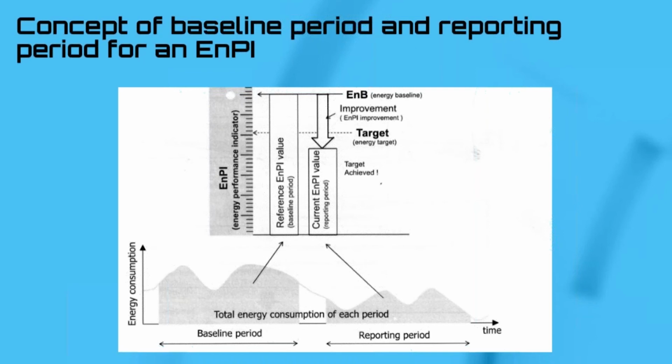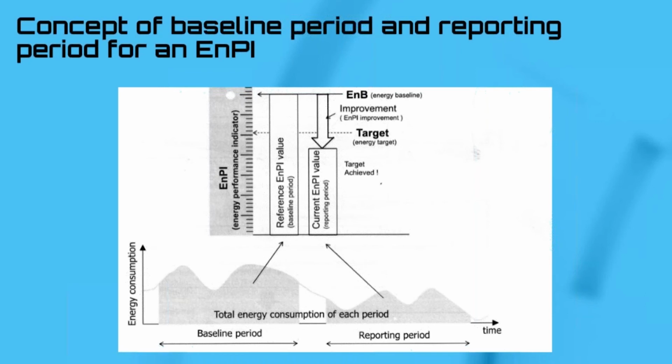You need to be working in the same units to compare them. So, for example, kilowatt hours per square meter might be the metric you're using. So your baseline will be expressed in kilowatt hours per square meter, as will your EnPI for the reporting period and the target. The important thing is it's with regard to a reference period of time.